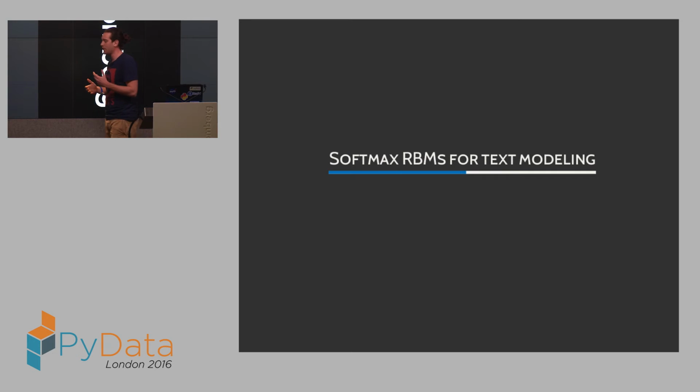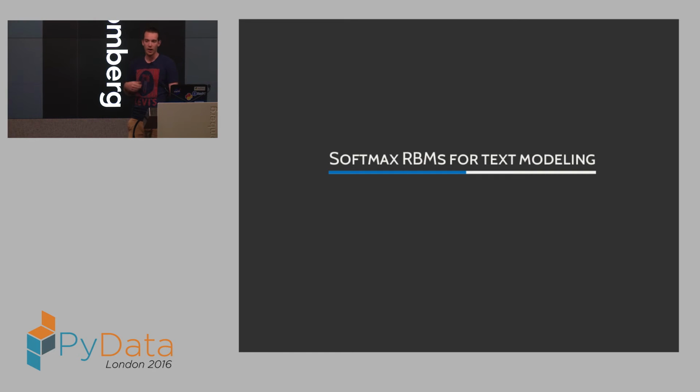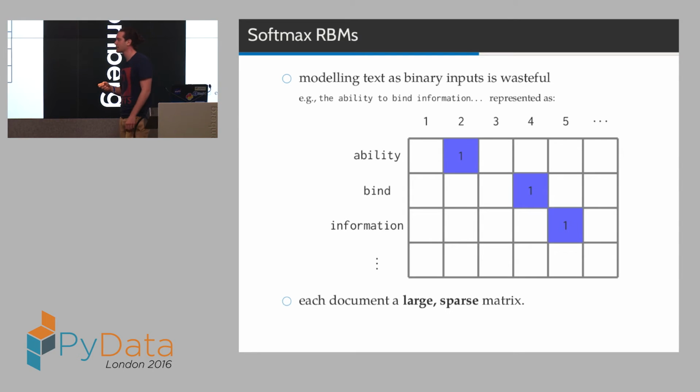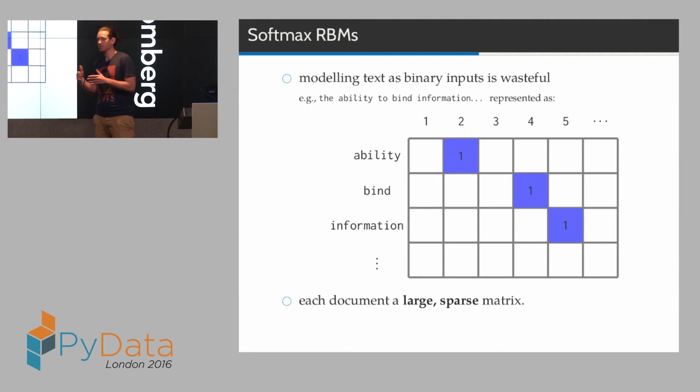So far I've been describing Boltzmann machines for binary random variables. But of course, this work is about text, so we need to extend that to text. A really naive way to model text is to treat it as binary random variables. For example, the sentence "the ability to bind information" can be modeled as binary random variables by using an incidence matrix.